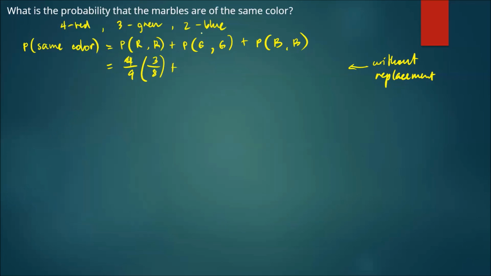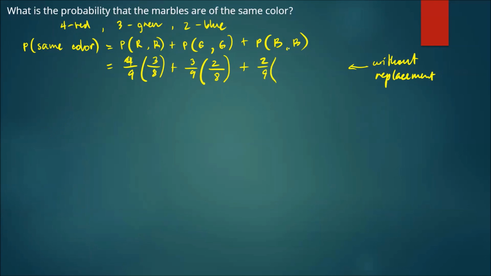Plus, the probability that our first marble is green is 3 by 9. Now, since we already removed 1 green from the first pick, for the second pick we will be left with only 2 green marbles out of only 8 marbles. Plus, the probability of getting a blue is 2 by 9.